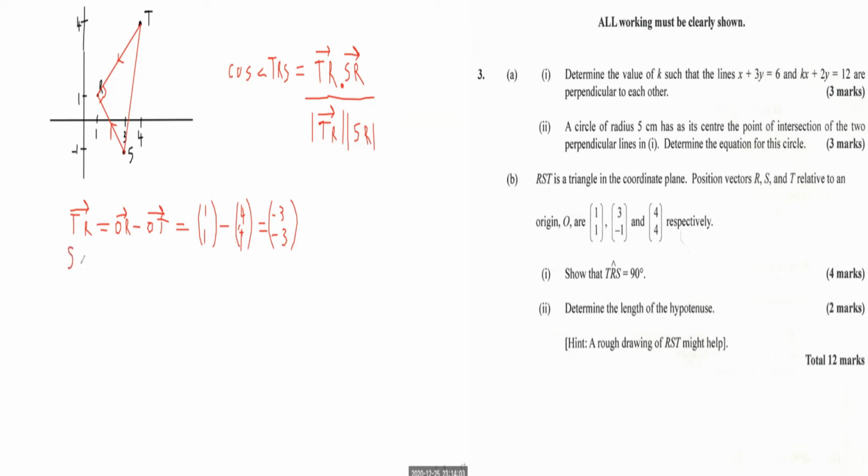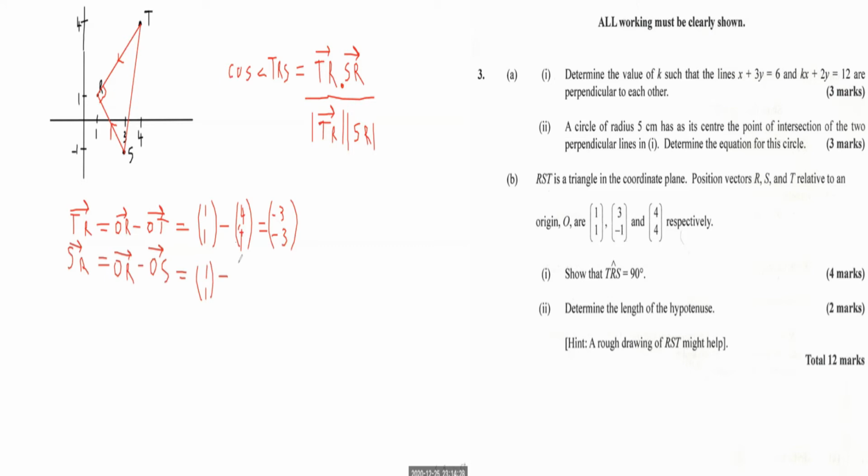Next we need vector SR, which is OR minus OS. So vector OR, which we know is (1, 1), minus vector OS.